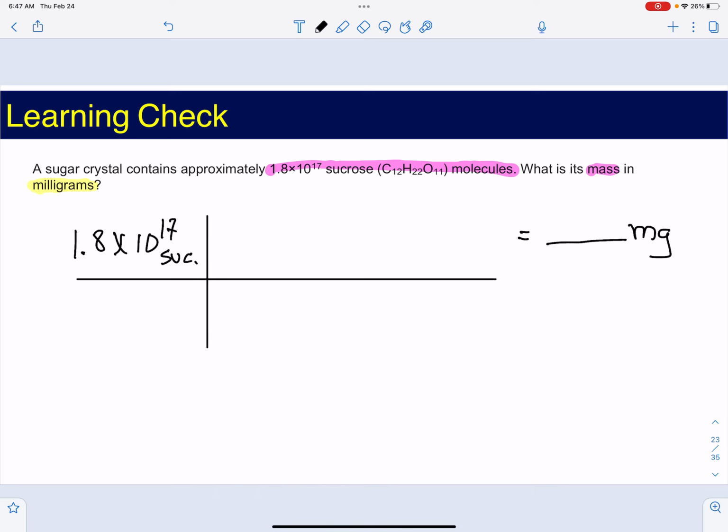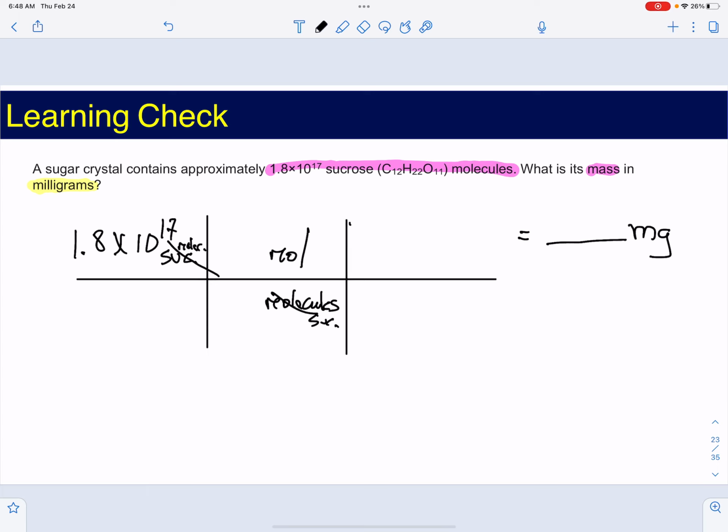So these are molecules of sucrose, right? So I do not want the number of molecules of sucrose because I want the mass. But there's nothing that relates molecules to mass, so I'm gonna have to go to moles first.